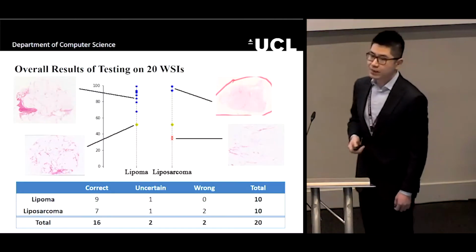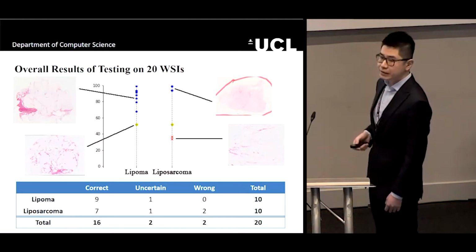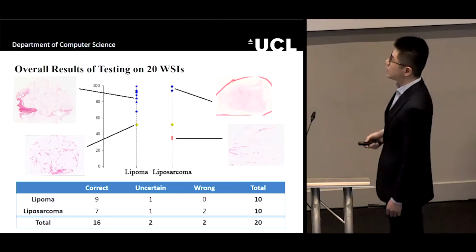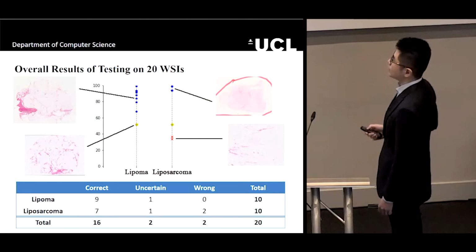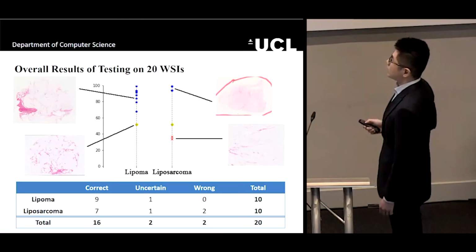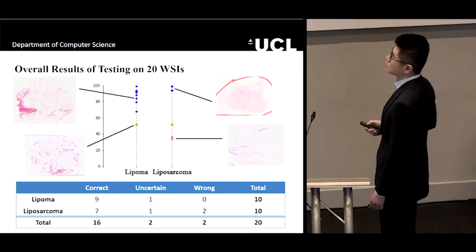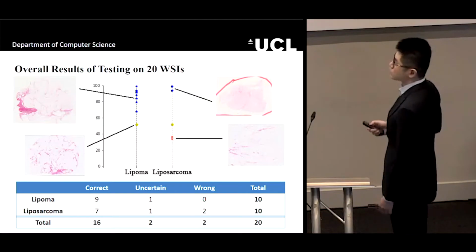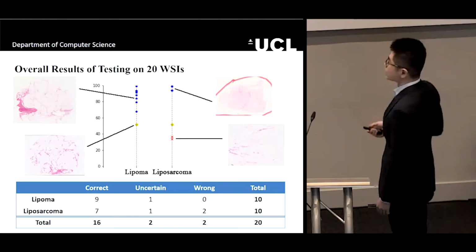I then did the same experiment on 20 totally independent whole slide images. As you can see here, there are 2 lines. Every dot is a sample, and here is the accuracy from 0 to 100. You can see most of the samples were correctly predicted on whole slide image level.